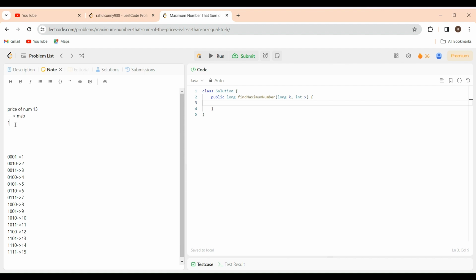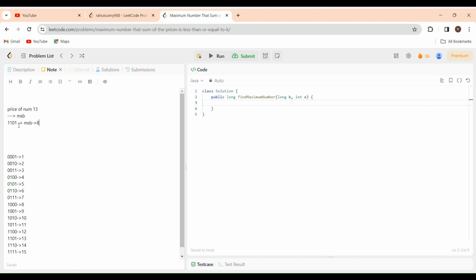So it will be 1 1 0 1: 8 plus 4 is 12, 12 plus 1 is 13. This is the binary representation of 13. So the most significant bit of 13 is this bit, which is 8. How to find that?